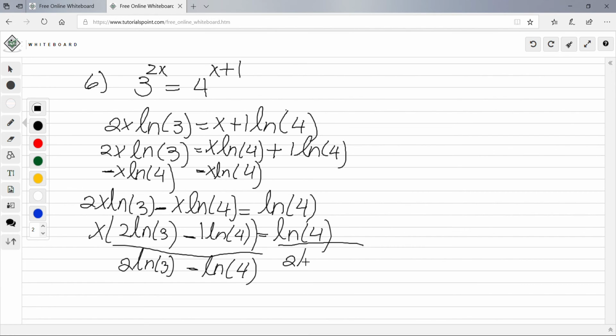So our x is, x equals, the numerator is ln of 4 and this is the denominator.